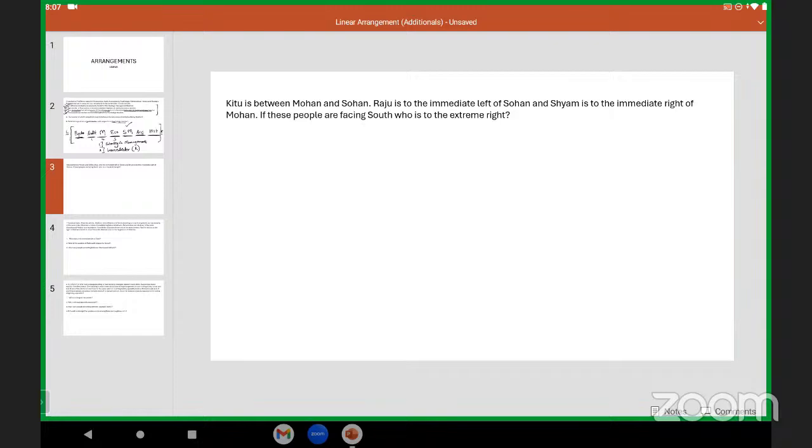Okay, so if these people are towards south, let us suppose they are facing towards south.